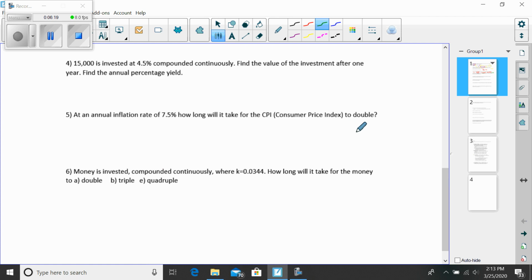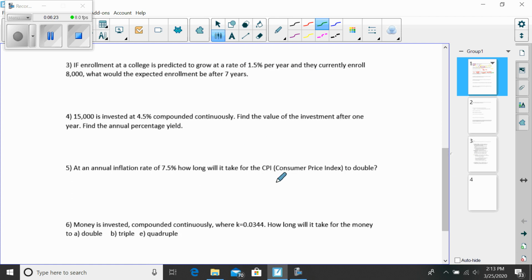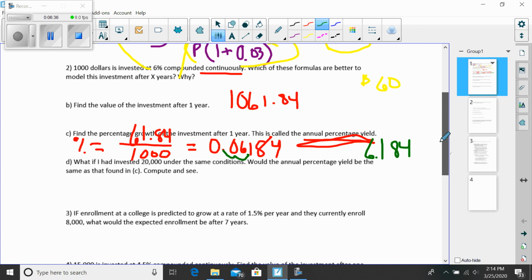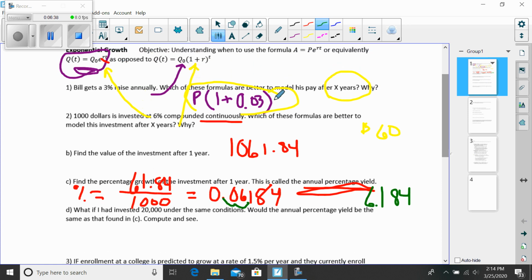And if we think about this inflation rate, they find the CPI January 1st, and then they find it again January 1st of the next year, and it's gone up 7.5%. That would mean that we should be looking at this formula.